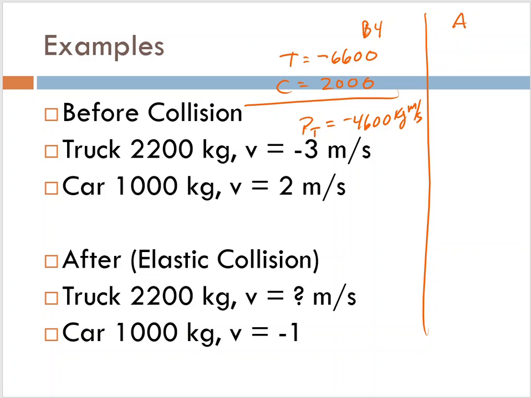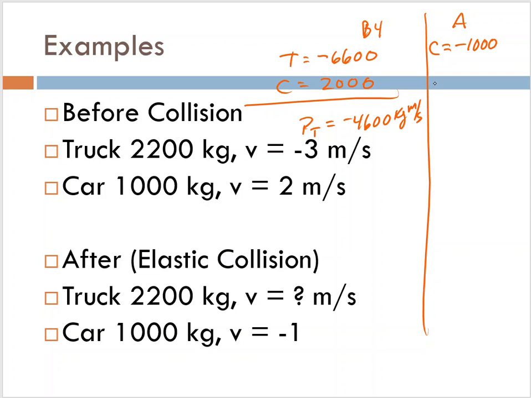So after the collision then, we can find the velocity of the truck. The car afterwards, they're telling us, is 1,000 times negative 1, so it's negative 1,000.